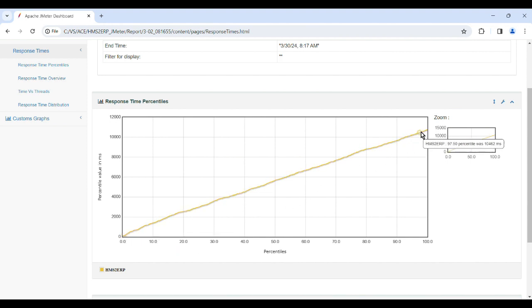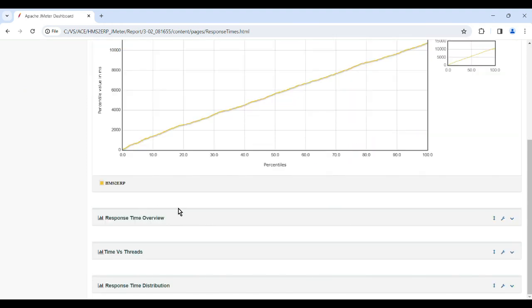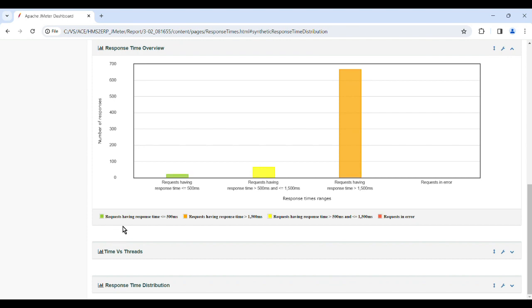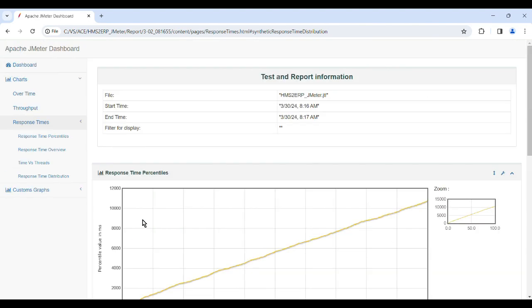So regarding the response time, initially the response time was low, which means the performance was good. As the load increases, the response time increased, which means that the performance was not good. So we have various other graphs, such as requests which are less than 500 milliseconds, requests which are more than 500 milliseconds, and between 500 and 1500 milliseconds, and these are the various graphs.